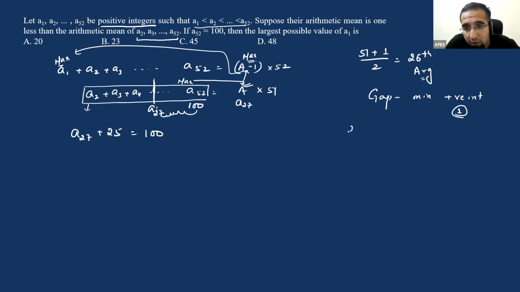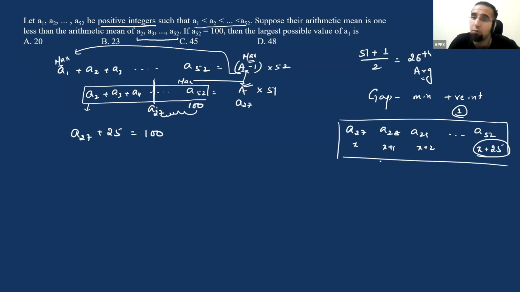It's something like this, guys. If A27 is equal to X, I'm taking A28 is equal to X plus 1. A29 is equal to X plus 2, so on, so on, so on. A52 will eventually be how much, guys? X plus 25. This is what we are looking at. The gap between those terms is equal to 1. Okay, so from here, what do you get? A27 is equal to 75, which is also equal to the value of capital A.